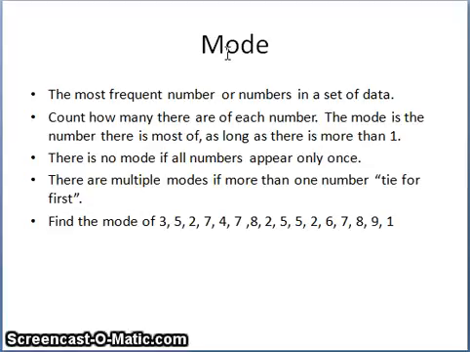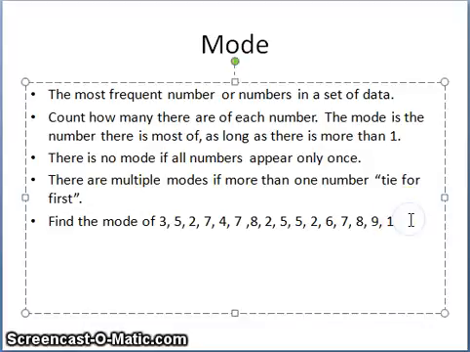Or style in Spanish. I think it might be style, I don't know. But we do know that mode can mean fashionable. And in a sense, the mode in a set of data is the most fashionable number, because it is the number that is most frequent.